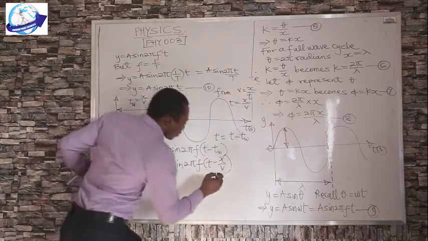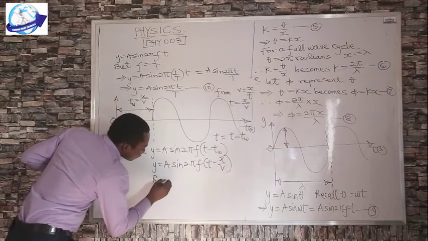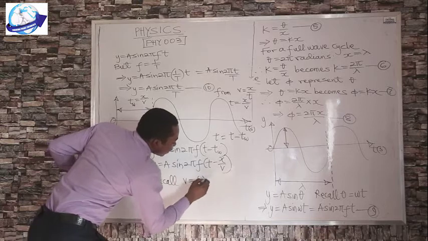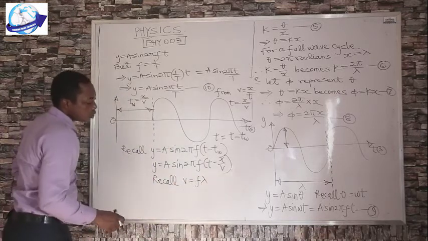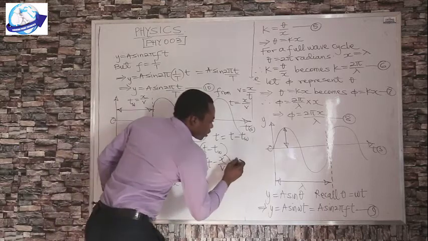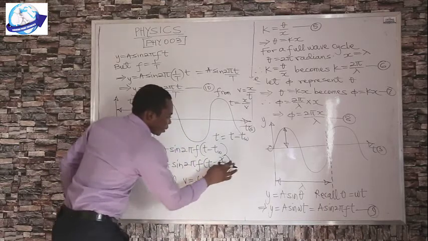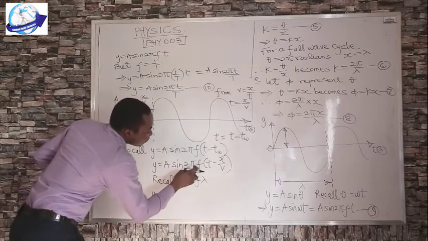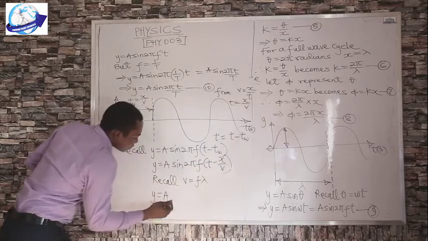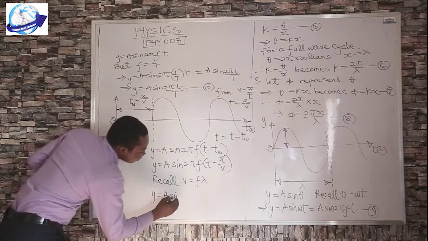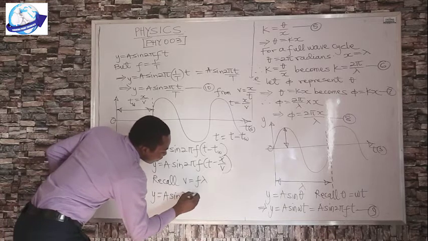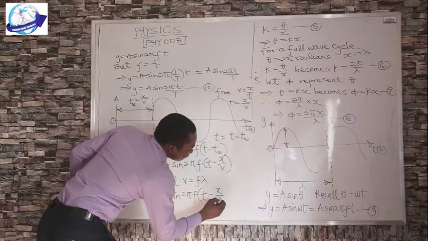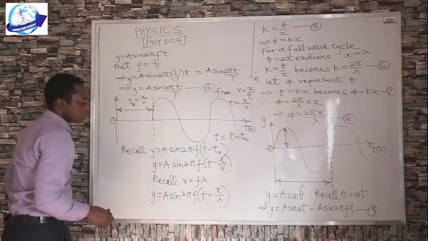But let's recall that v, the velocity, is equal to f lambda. Then we can say that y equals a sine 2 pi f open bracket t minus x over v becomes y equals a sine 2 pi f open bracket t minus x over lambda. It's another form of the wave equation.